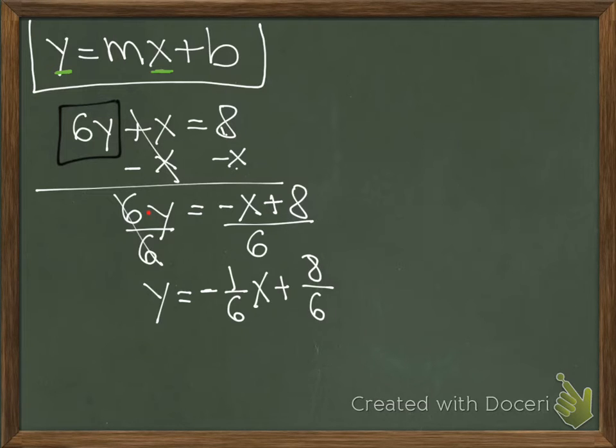I can leave it like that, or I can write it like y equals negative 1 over 6 x, which means rise 1, rise over run. You're running 6, that's your slope, remember the m, and then here is your x, plus, I can leave that as 1.3, that's my y-intercept.